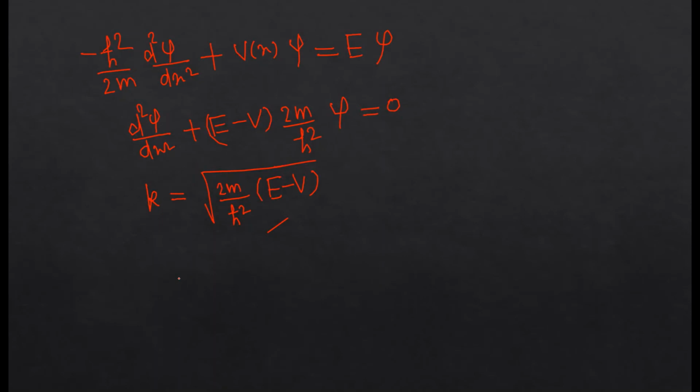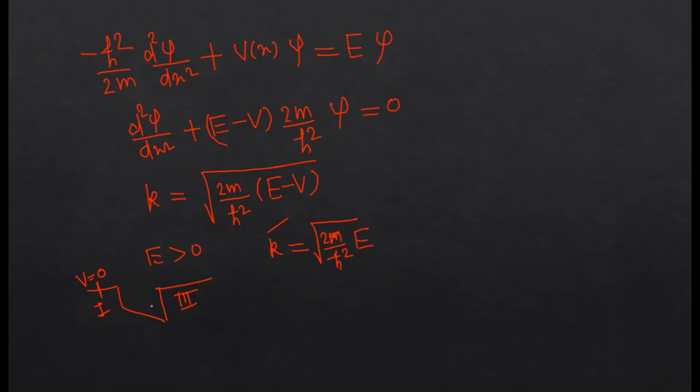So in our question, what is given to you? That E is greater than 0. There are three regions. In the first and third region, V is equal to 0, so k will be equal to under root 2m upon h cut square E, because V is 0.